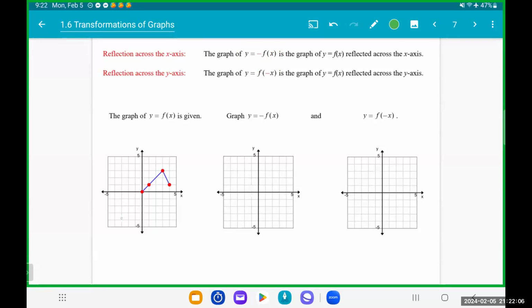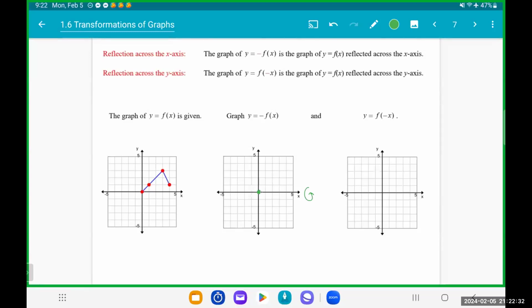So here we have this graph. Given this graph, how do I reflect across the x-axis? This is telling me I'm going to reflect across the x-axis. And so my 0 still stays. Now this was 1, 1.